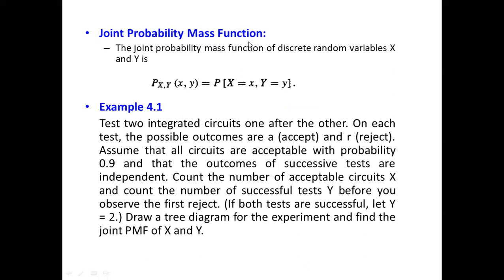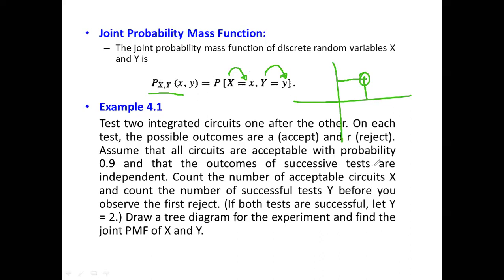So remember one thing, the joint PMF at a particular point will be that X value equals x and Y value equals y. At that particular point, what is the value of X and what is the value of Y? That will determine the joint probability mass function.